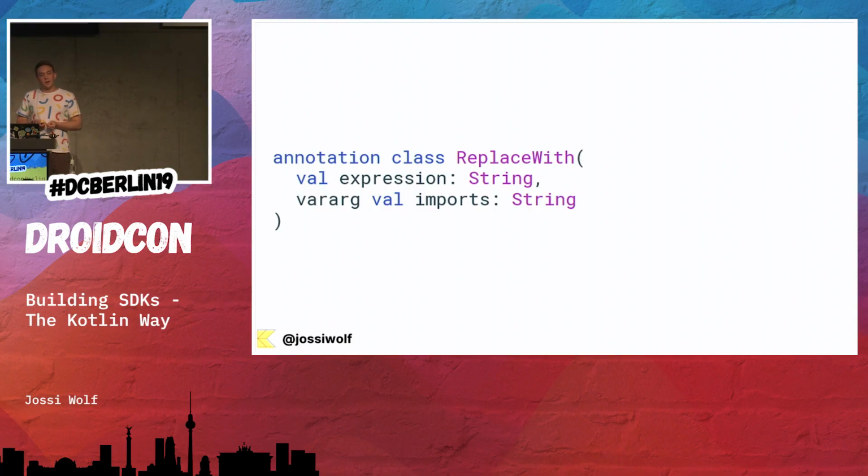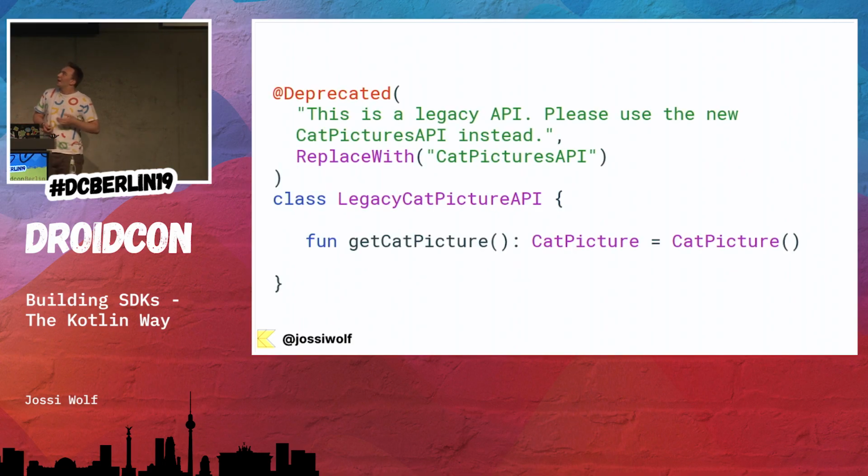So as you see, we have in our @deprecated annotation, please use the new cat pictures API instead. This already is saying, all right, this is something else you should use. And replace with allows you to define what should be used instead. So you say, all right, it's cat pictures API, that'll be the new name of the class.